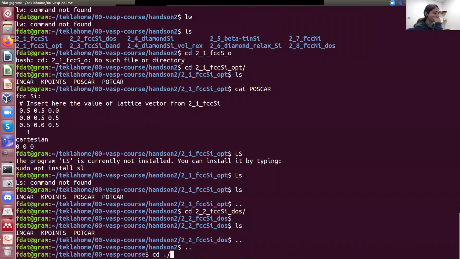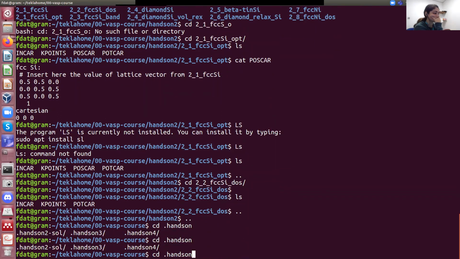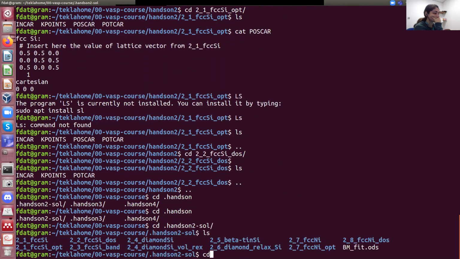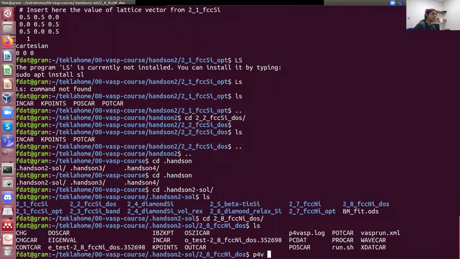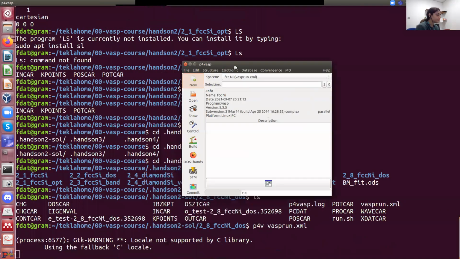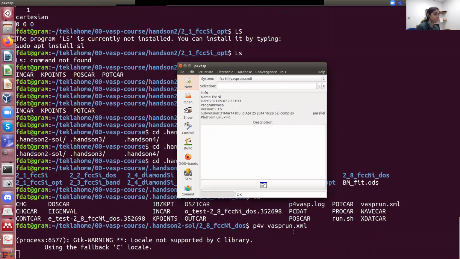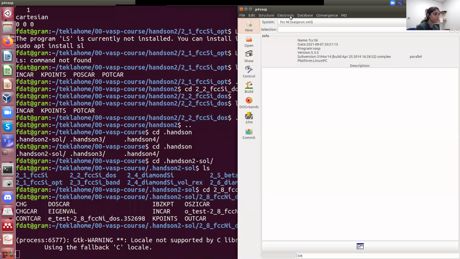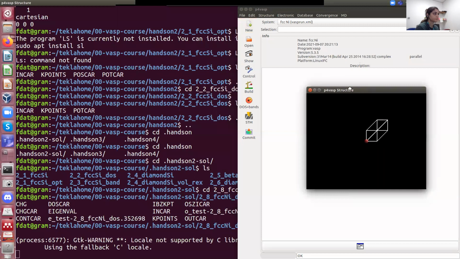So I just show you very quickly because I already did it. So let's take, for instance, to make a simple example, nickel. So you will open Python for VASP, vasprun.xml, and then you will go to, well, you can see the structure if you want, that is coming here.